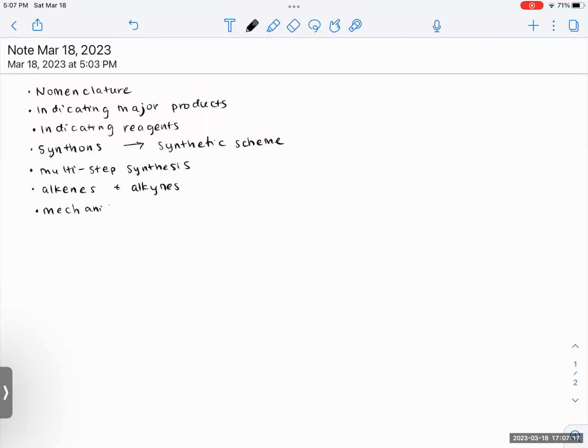Every week you're going to have a mechanism that you have to understand. So this week it's going to be the keto-enol tautomerization. And you're going to be given either acid catalyzed or base catalyzed. So I'm going to start with substitutions and eliminations of halides.